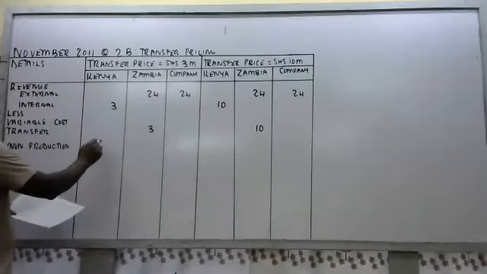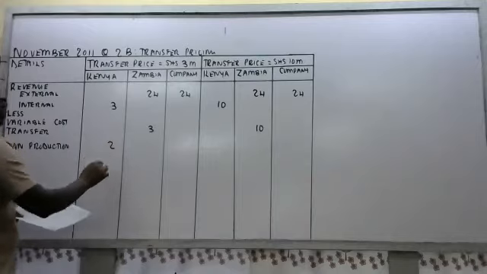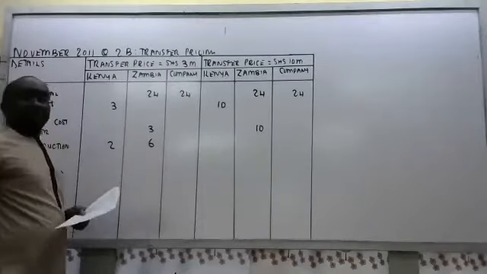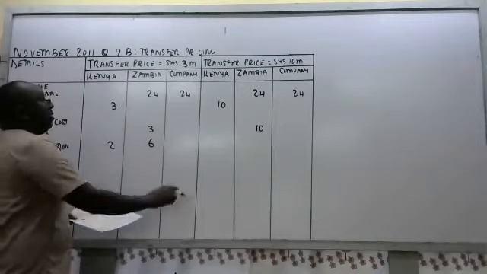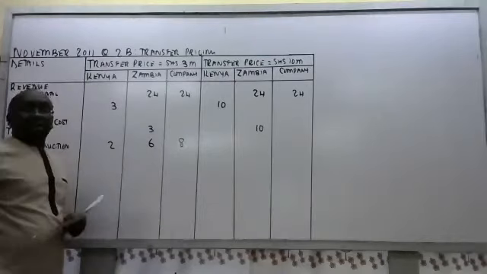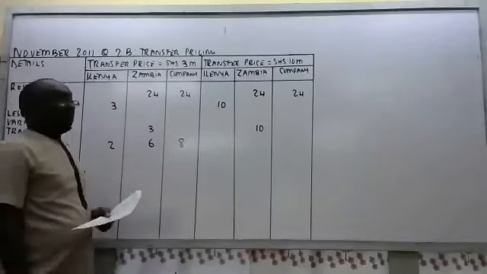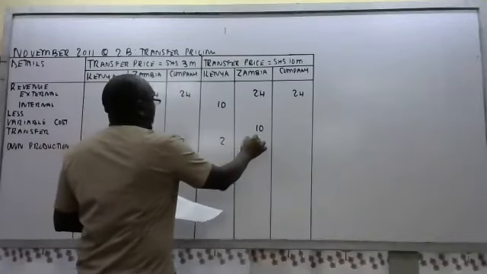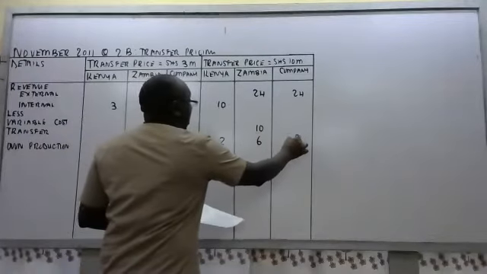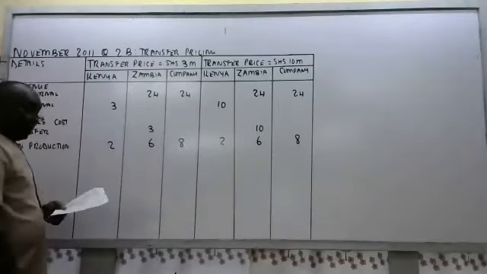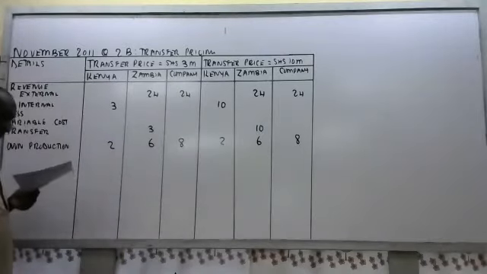So here, Kenya will register 2, Zambia will register 6, and then the company will experience 8. And the same case will apply here: 2, then 6, and then 8.